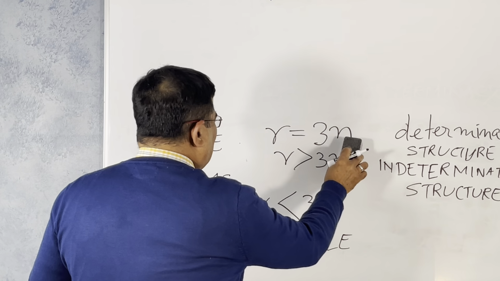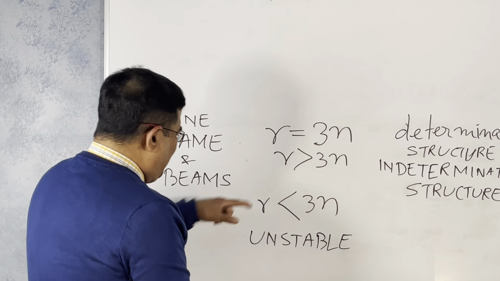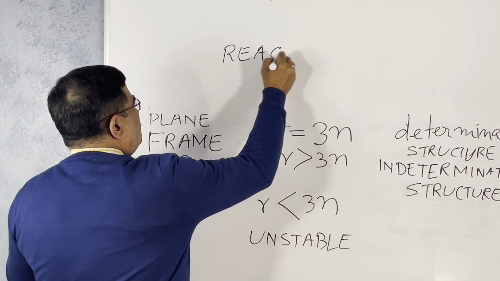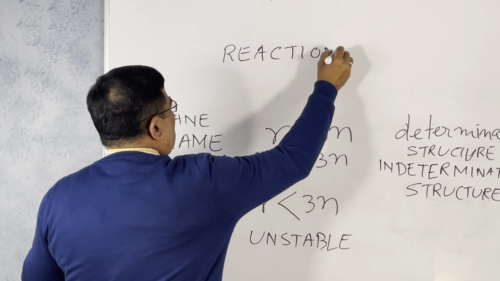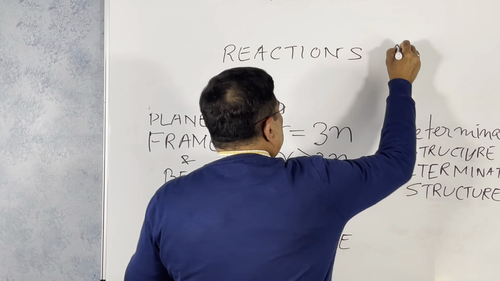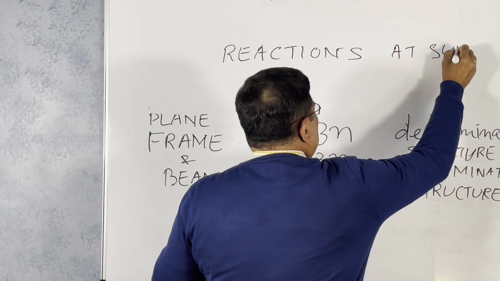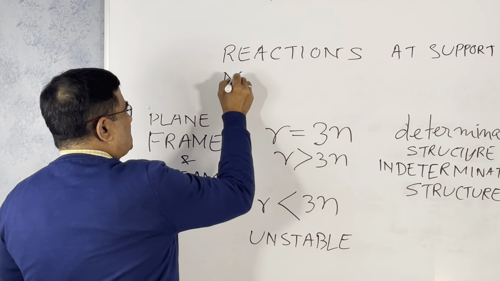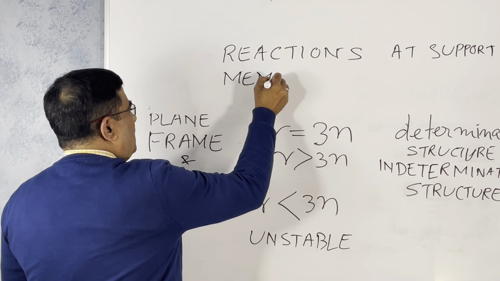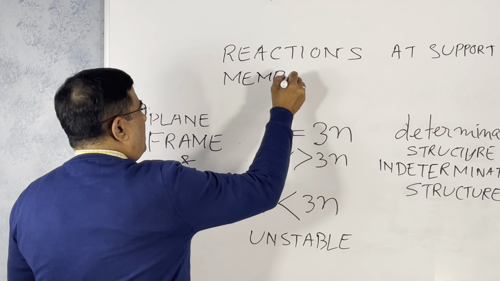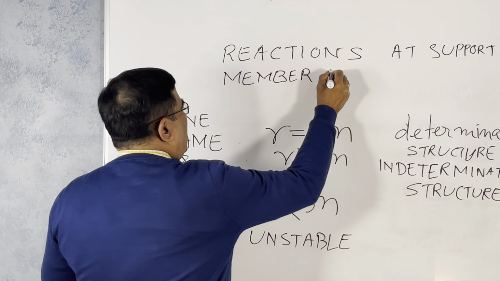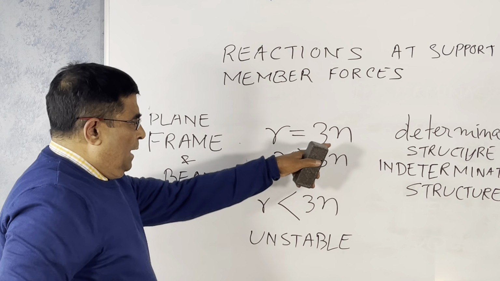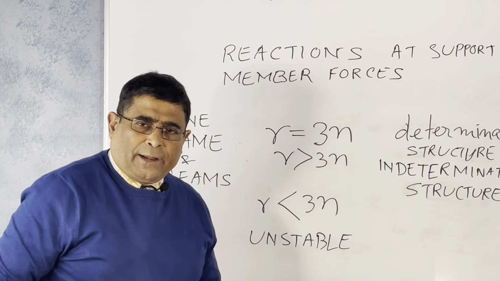So how to calculate N? R is the unknown forces. There are two kinds of unknown forces: one is the reactions at the supports, and the other is member forces. As I told you, N is the parts or elements.